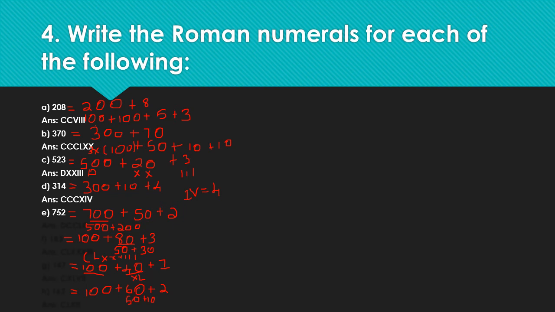So this you can split as 500 plus 200. So now you know the symbol for 500. Then 200 also you can represent using the symbol C. So now 500 is D. 200 you can write as CC. Then 50 you can write as L. Then 2 is II.